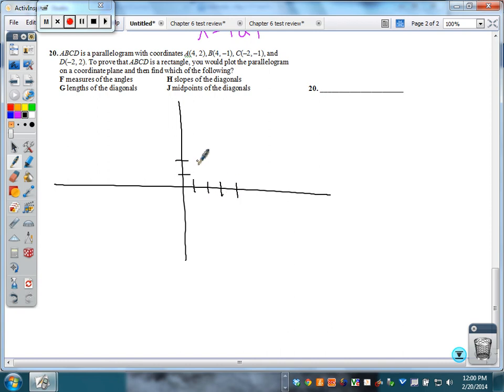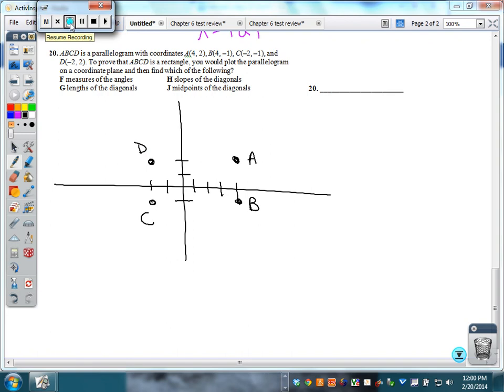This is going to be point A. We have 4, -1. This is going to be B. We have -2, -1. This is C. And -2, 2, which is going to be D.